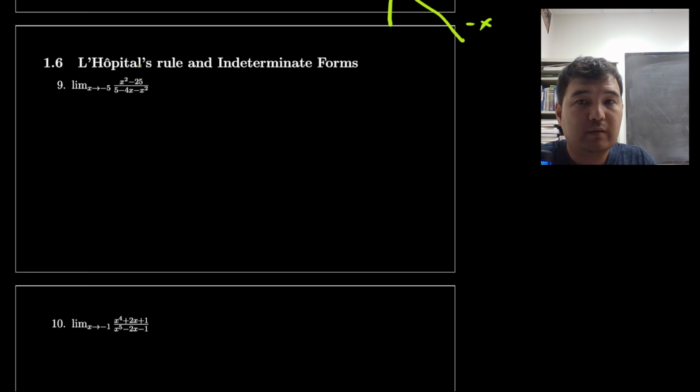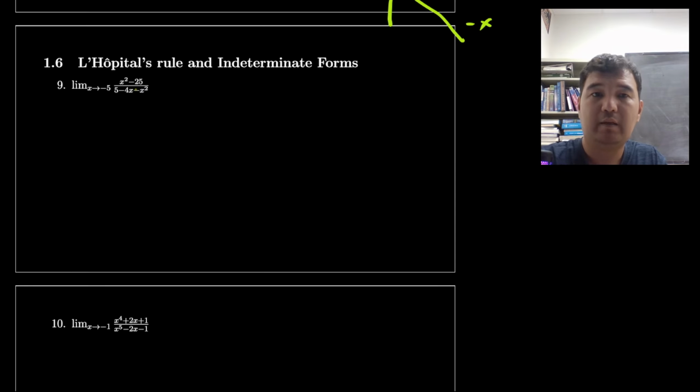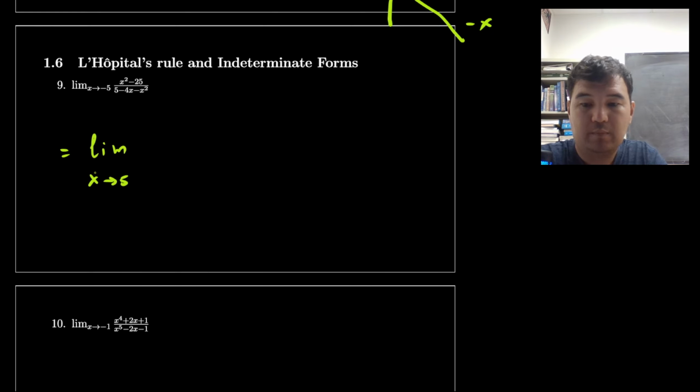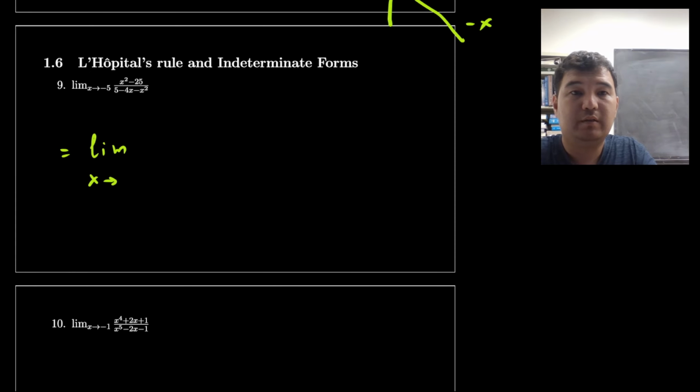Next rule is L'Hopital's rule. This is a very interesting, very important rule, because when you know the derivatives and when you have 0 over 0 indeterminate form, you can just take the derivative of the functions. For example, in this case, you don't need to do any algebraic manipulations. Here, the limit of this, if you plug in -5, you'll get 0 over 0. So instead of plugging x equals -5, I'm going to take the derivative of both numerator and denominator.